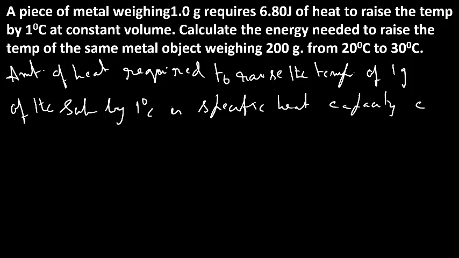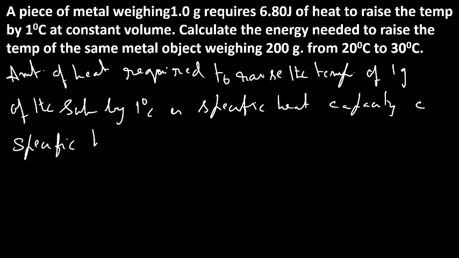Specific heat capacity is denoted by small c. Now here we have to find the amount of heat required to raise the temperature of 200 gram of the same substance from 20 degrees centigrade to 30 degrees centigrade. In problems, if it is the same metal object, even if it is not given, it is understood that we have to take the same metal object.